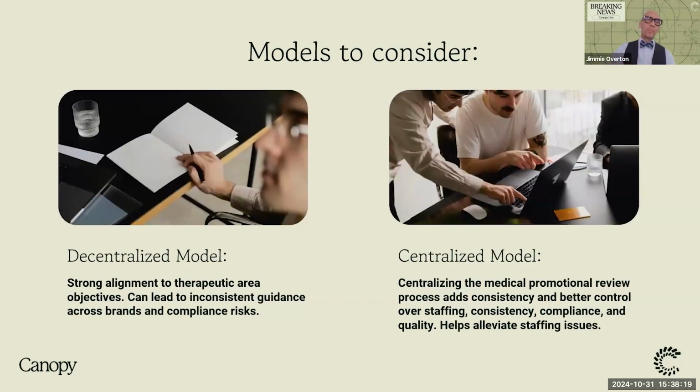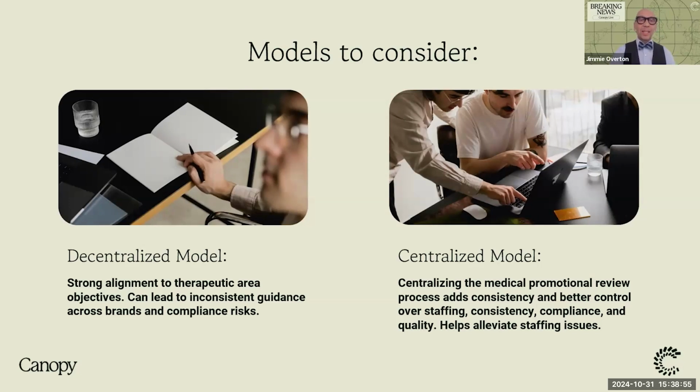If we look at two other components, we can talk about the centralized or the decentralized model. And again, I've had the chance to work and operationalize this in both. I strongly favor the centralized approach. In the decentralized model, where each therapeutic area manages their own resources independently, I've seen the consequences of that, which generally lead to inconsistencies in content review or standards of evidence, leading to varied advice across teams for very similar claims and data.